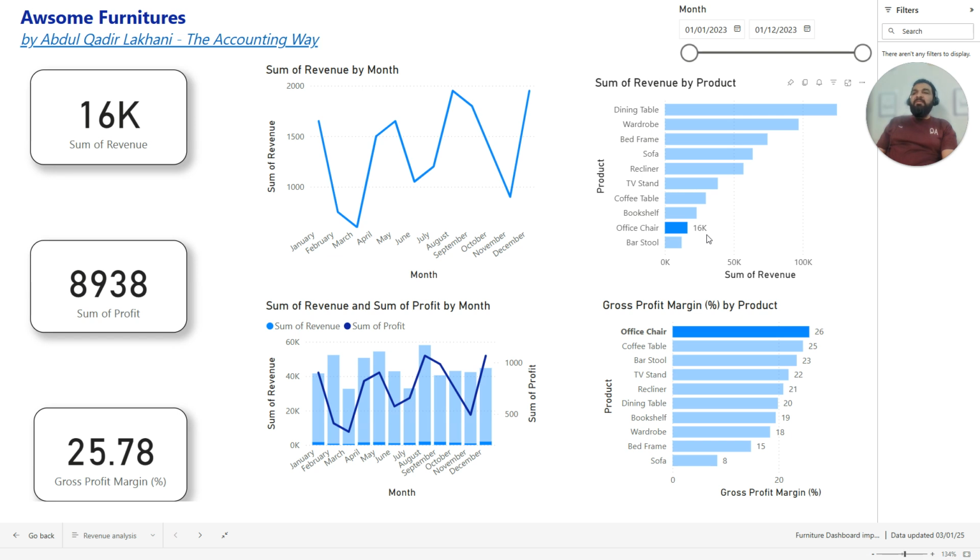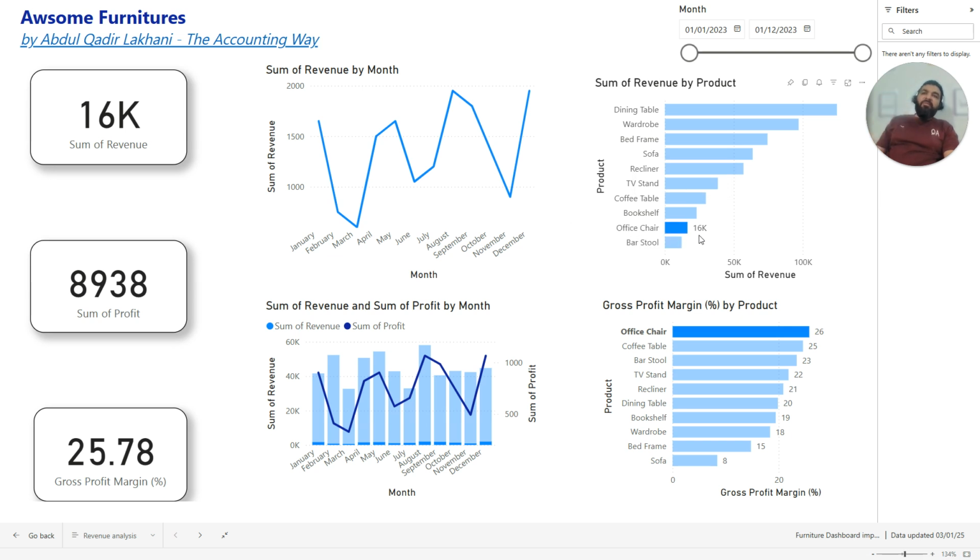Now, what we can further investigate is how many were the number of units. We can show it on these charts as well. This is a baseline dashboard for now. And we can further investigate if we were investing heavily in marketing on dining tables and not on office chair, which led to further revenue.